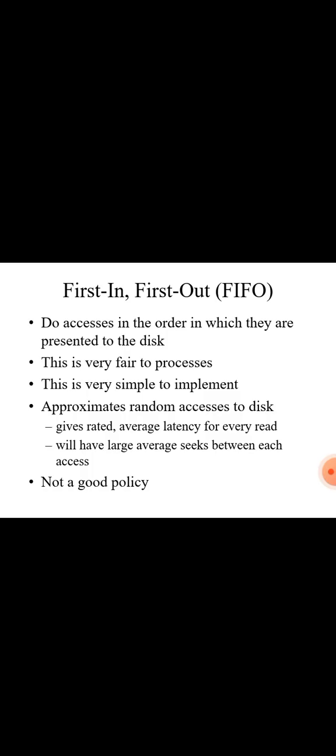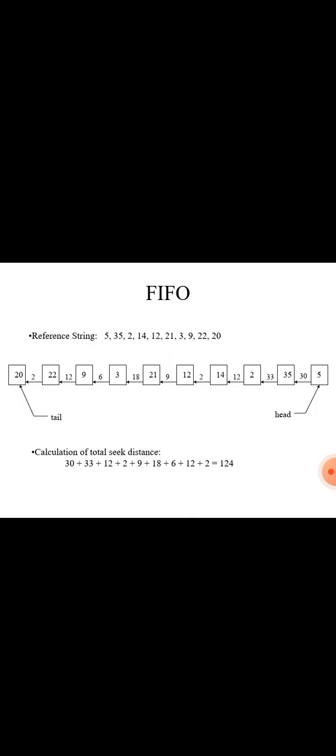So FIFO, first in first out, is the easiest and simplest one. This is the first method in disk scheduling. The example is a ticket counter: the first person buys the ticket and goes to the hall. So this is the first in first out concept. It is very simple and easy to understand. This is the diagram.